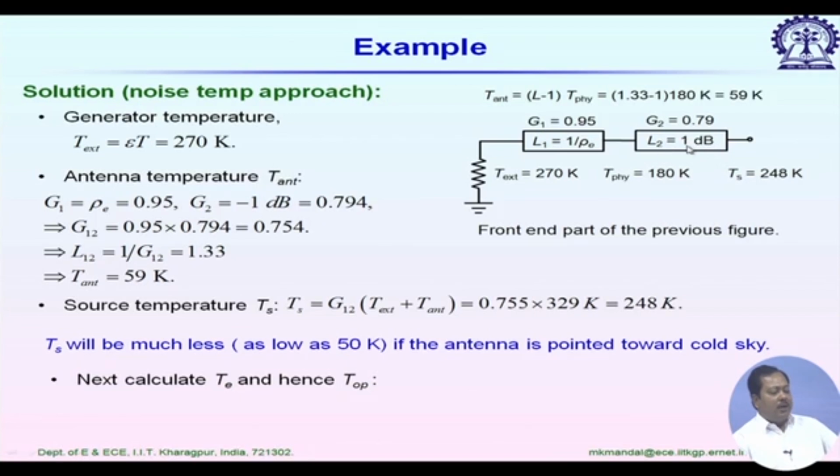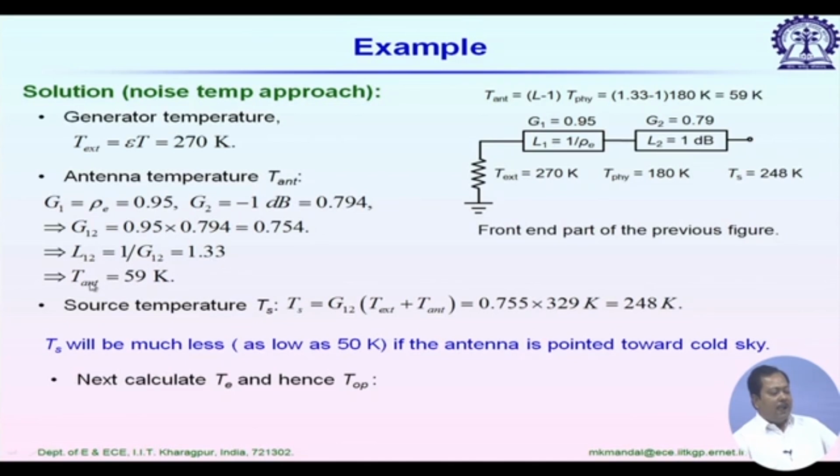It is 1 by 10, that is 0.1, so 10 to the power 0.1. So overall gain G1 into G2 for these two cascaded systems: G1 is 0.95, G2 is 0.794, G1 into G2 becomes 0.754. Now loss L12 is simply 1 by overall gain, it is 1.33.